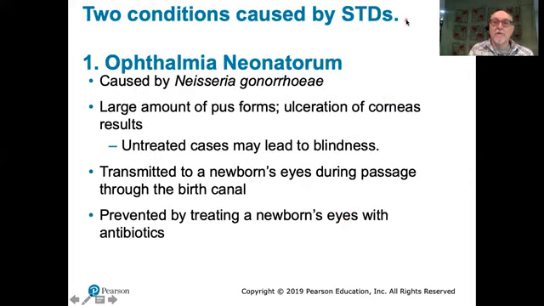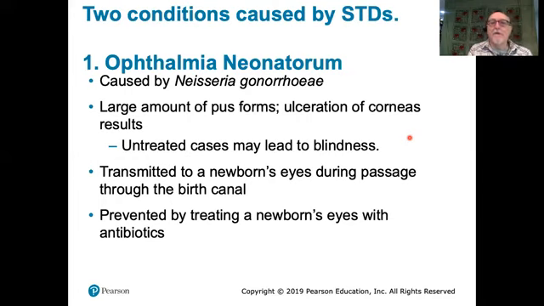This is a condition those of you who go into nursing and work in the nurseries may occasionally see. This is a very dangerous condition caused when a woman who has active gonorrhea gives birth. Very often women may have gonorrhea and be completely unaware of the fact, because it's high up in the vagina, and they don't notice that they have a problem.